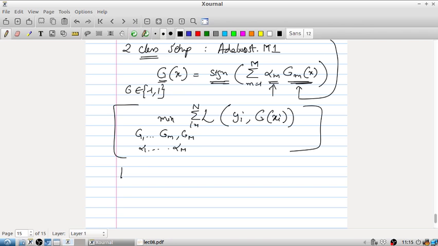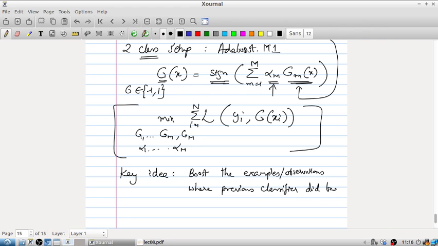Okay, and so let me write the key idea: to boost the examples, or basically observations, where the previous classifier did badly.